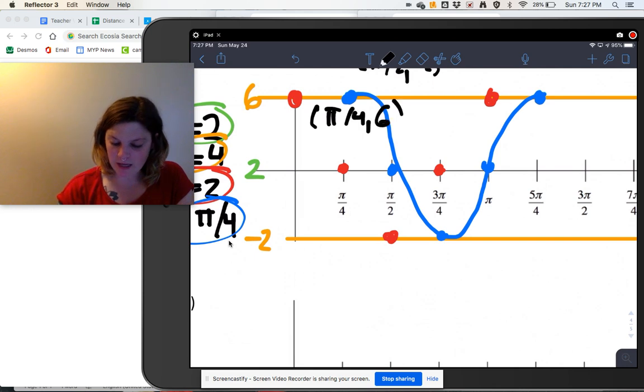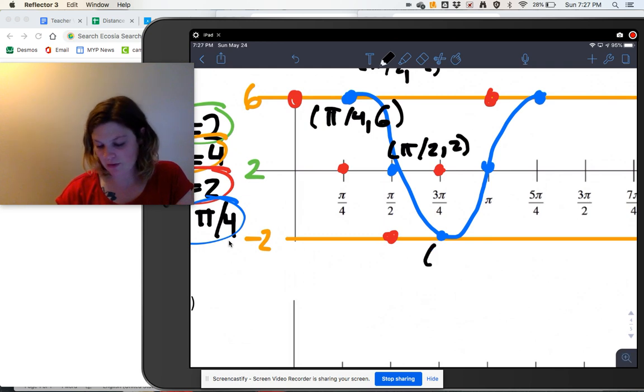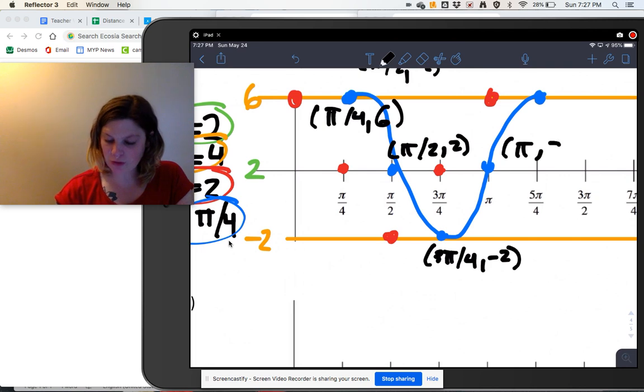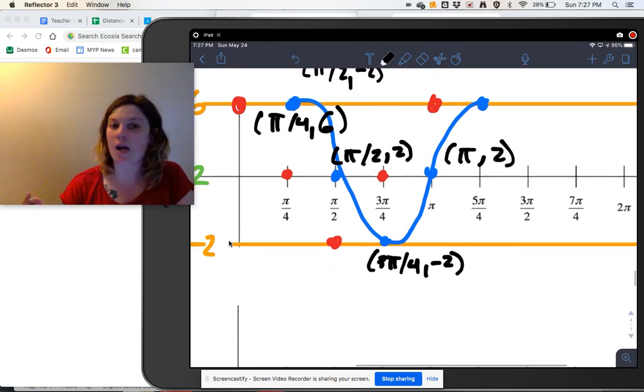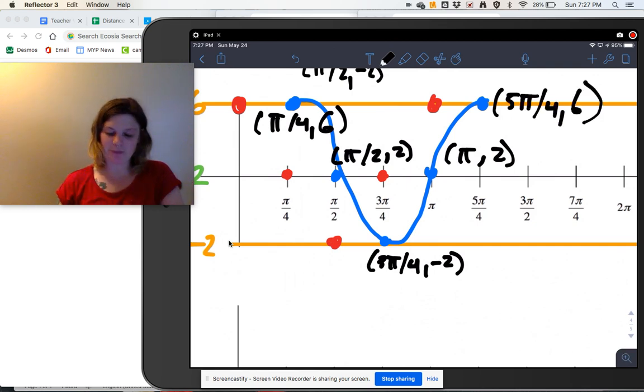We have pi over 2 is at 2. Here we have 3 pi over 4 is at -2. Here we have pi is at 2. Remember, that's our middle value. It's not always 0. And then finally, we have 5 pi over 4 is at our maximum.